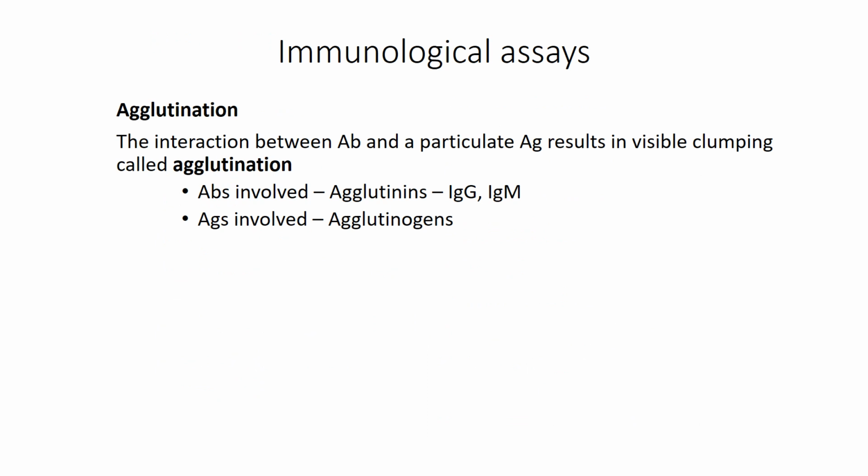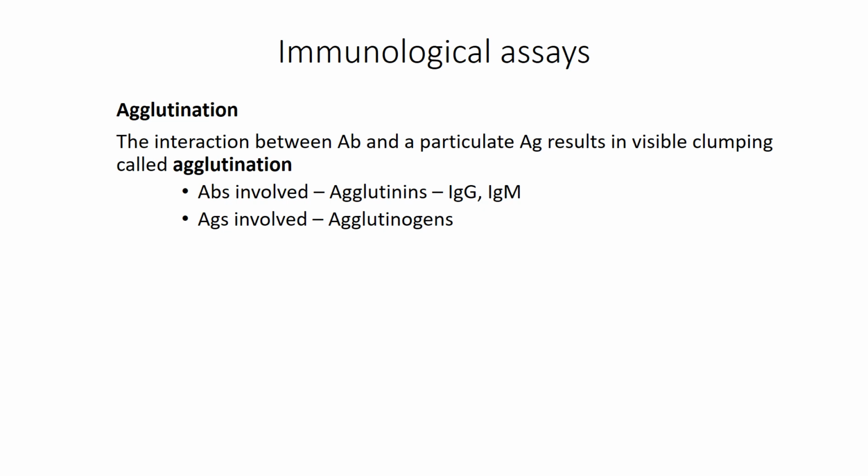So let's talk about some of the serological or immunological assays. One of them is based on agglutination. Remember our discussion during, I think it was, the humoral immunity lecture, right? The interaction between the antibody and a particular antigen, when it leads to clumping, that's called agglutination.